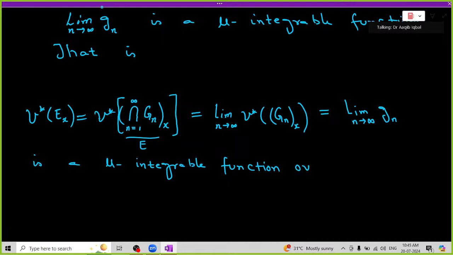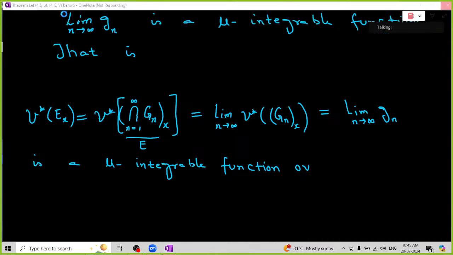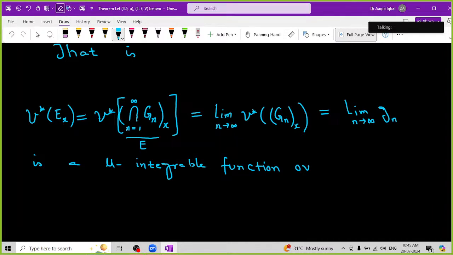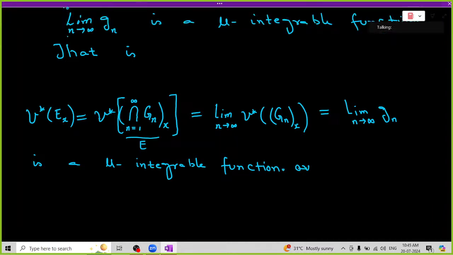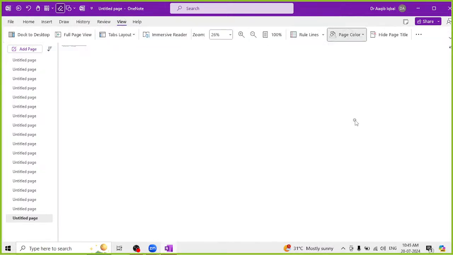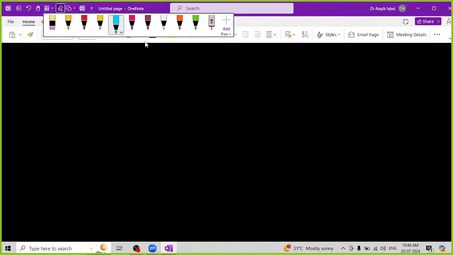Full stop. ये काफ़ी है इतना. मैं नया पेज स्टार्ट कर रहा हूँ, लैग हो रहा है. This is a mu integrable function.